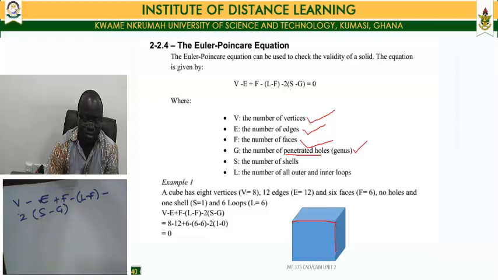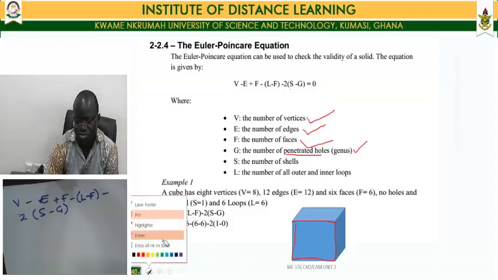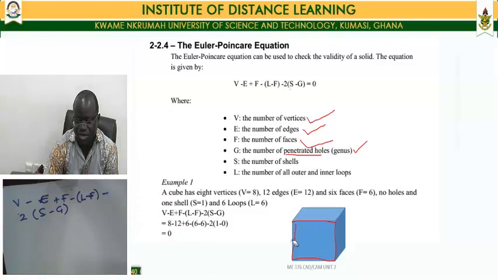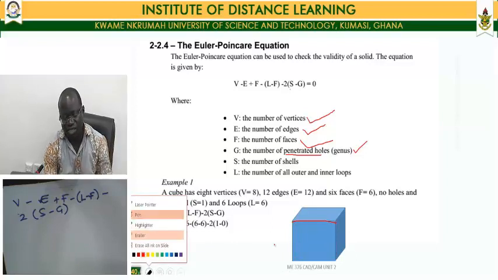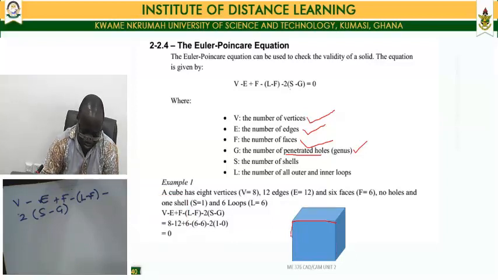So I could basically describe all the edges here as the loop. This face is bounded by 4 loops. This side is also 4 loops, and so I can count the number of loops.